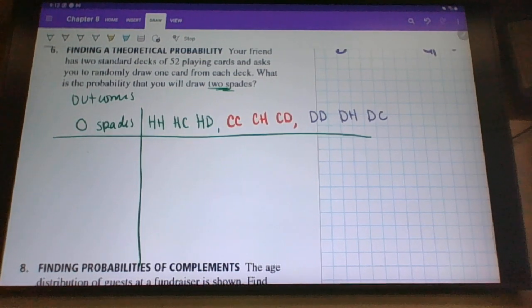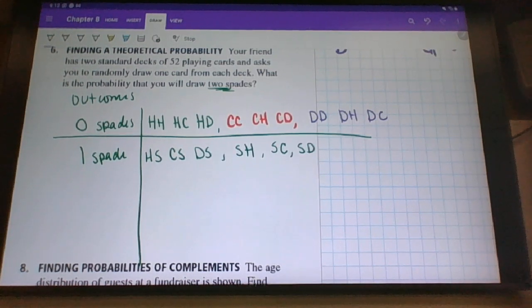What would it look like if you got one spade? A heart and a spade, a club and a spade, a diamond and a spade, or a spade and a heart, a spade and a club, a spade and a diamond. What would it look like if you got two spades? A spade and a spade. I think that's it.